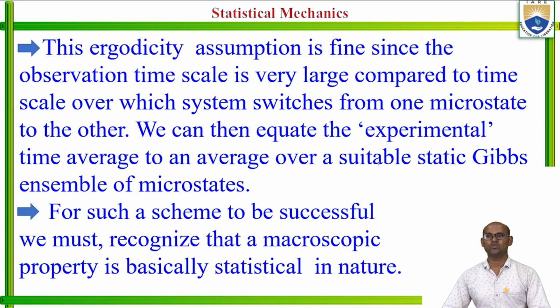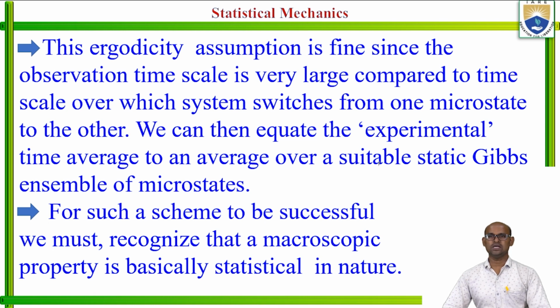So we can then equate this experimental time average to an average over a suitable static Gibbs ensemble of microstates. What I am saying is that during the experiment, the system visits all the possible microstates, so I can compare this experimental average to an average over an ensemble of microstates.